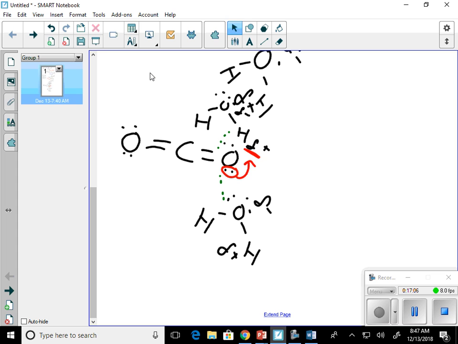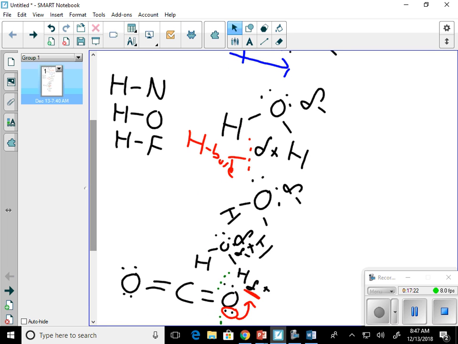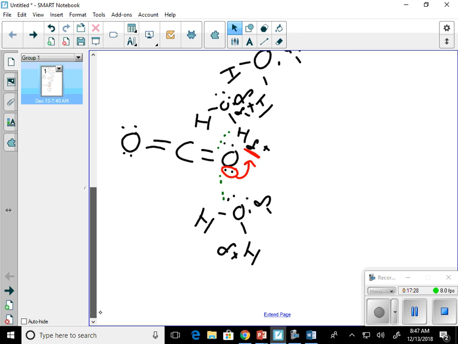It induces it to have electrons move away to make this somewhat a positive end, so there is some attraction. Now that isn't nearly as strong as the first 2 I went over up here, the dipole-dipole or the hydrogen bond, because those are always the way that it is. Water always behaves the same way. So water is the one that can affect others. Nonpolar are the ones that can be affected.